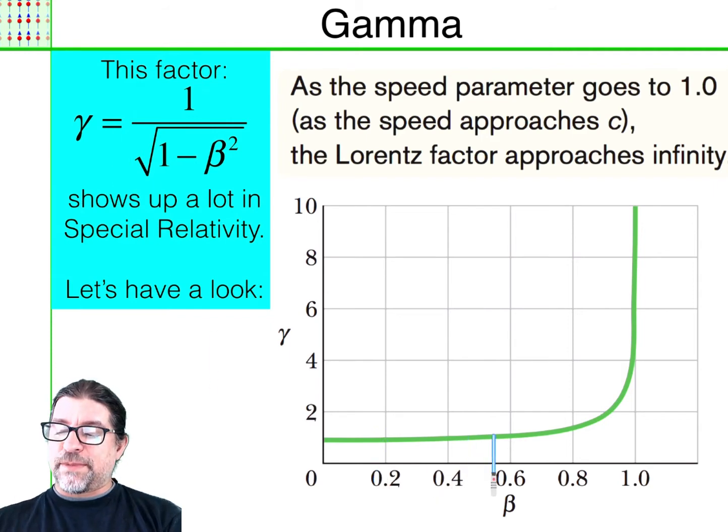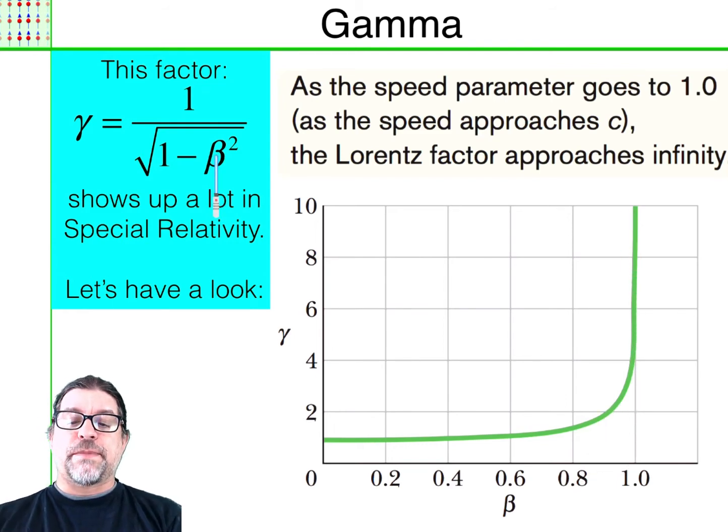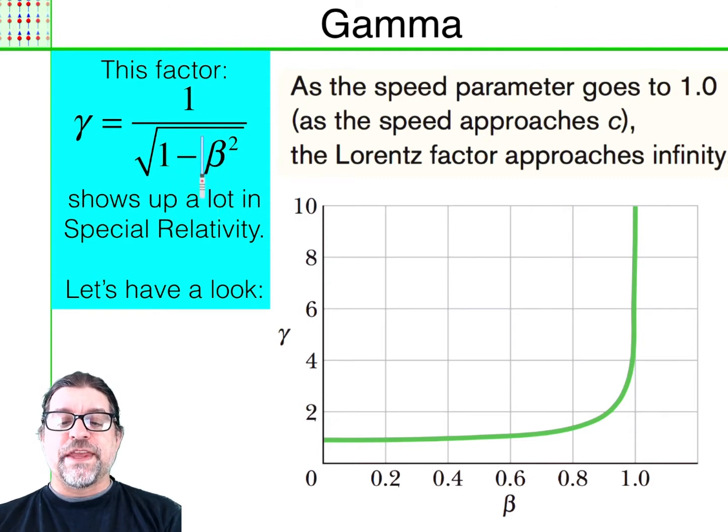And yet, as beta gets closer and closer to the speed of light, gamma tends towards infinity, right? Because as beta tends to 1, this number gets smaller and gamma blows up. So this sort of limits the maximum speed. Our equations don't work if you're going faster than the speed of light.